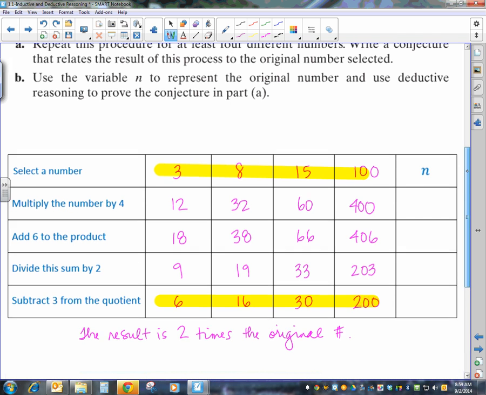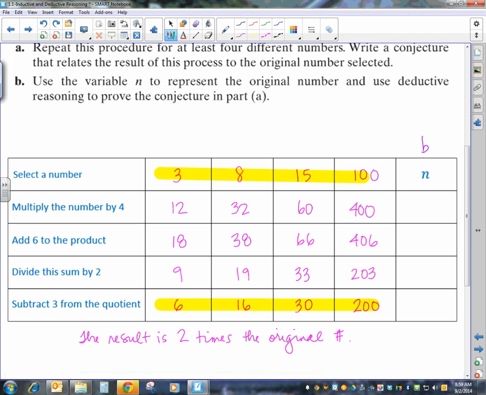Okay, part B, this is part B. Use the variable n to represent the original number and use deductive reasoning to prove the conjecture in part A. So we're picking any number. Okay, we multiply n by 4. That's 4n. We add 6 to it. That's 4n plus 6.